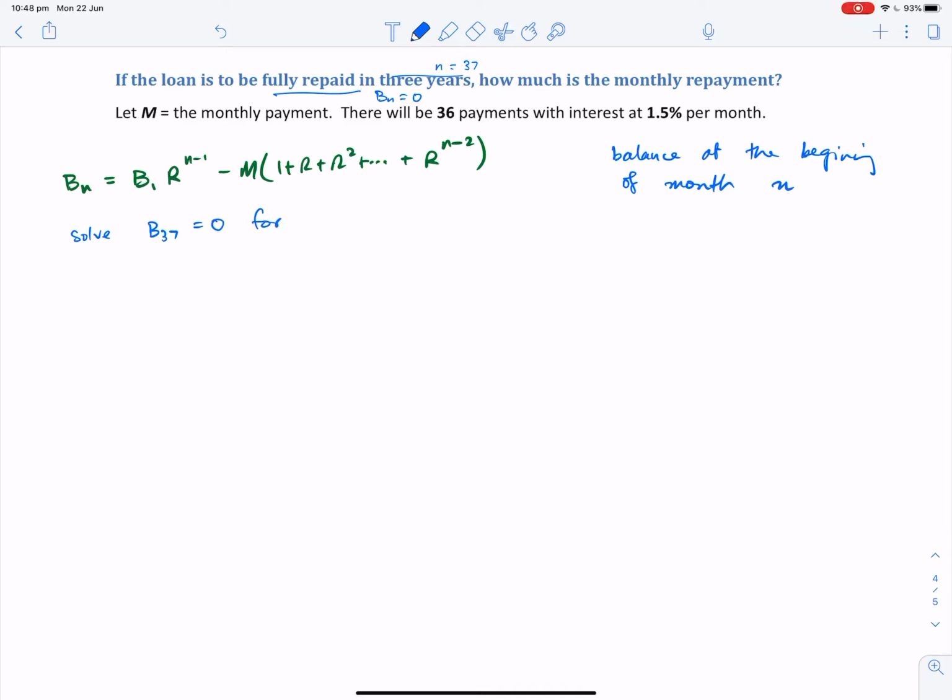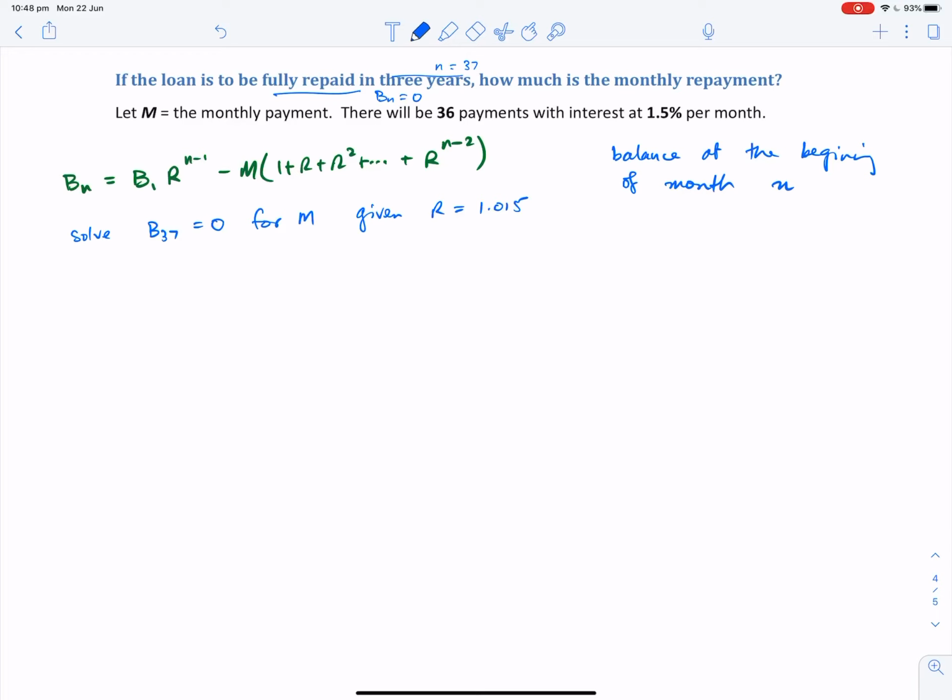So for M, given, well, there'll be 36 payments and the interest rate. So given R equals 1.015, that's all we need.